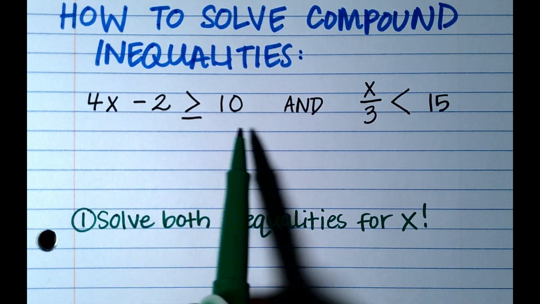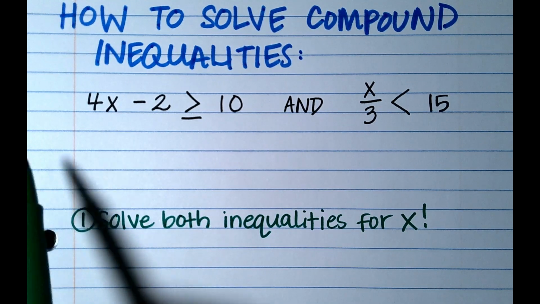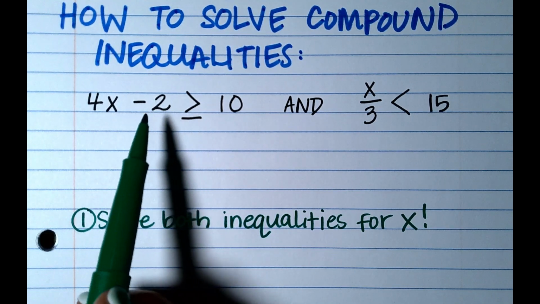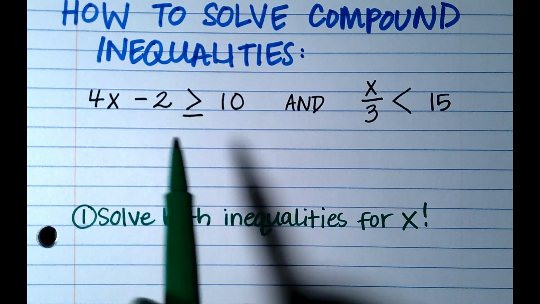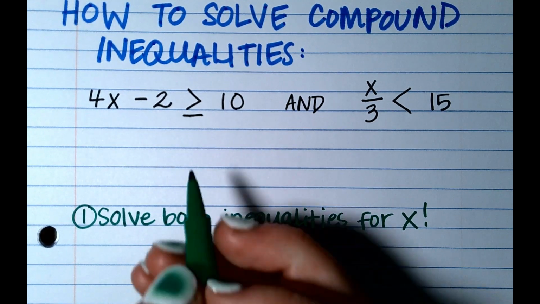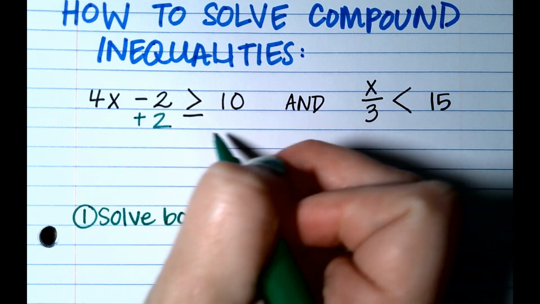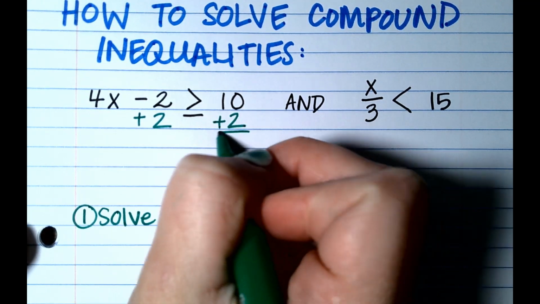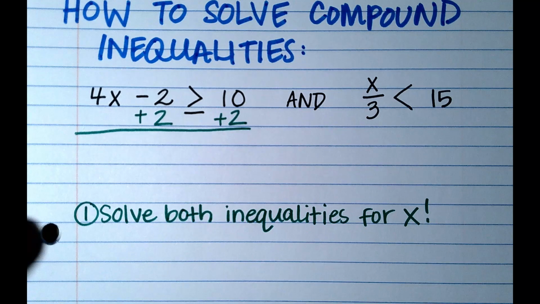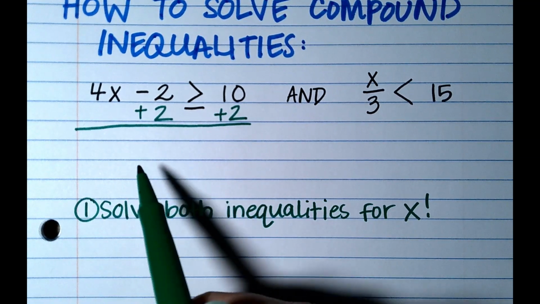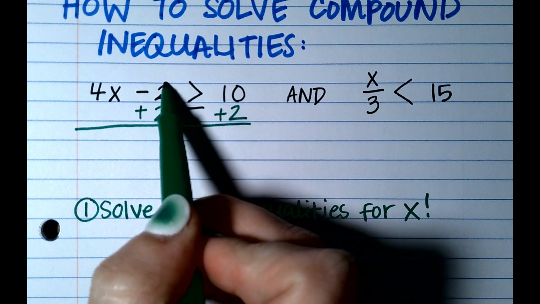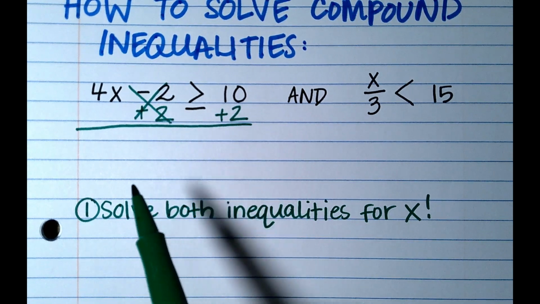So looking at the 2 that we have, we'll start with 4x minus 2 is greater than or equal to 10. What would I do first here? I would add 2 on both sides. And then what? Cross out my 2's, they cancel.